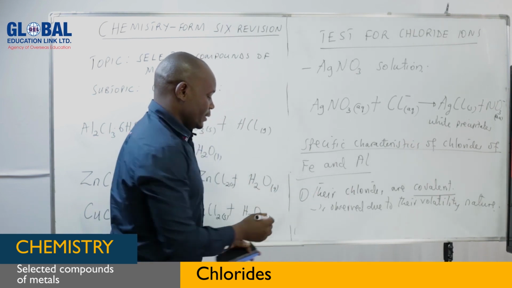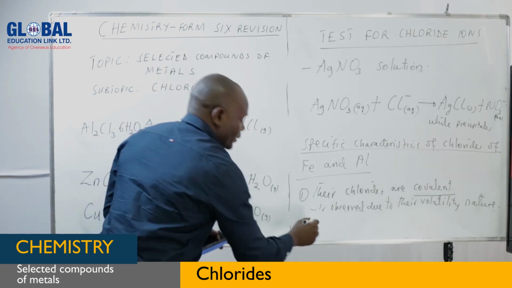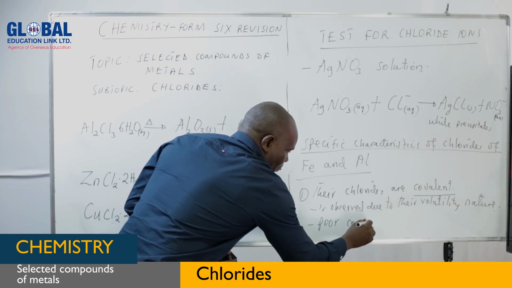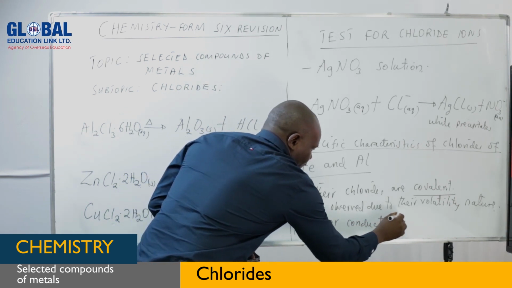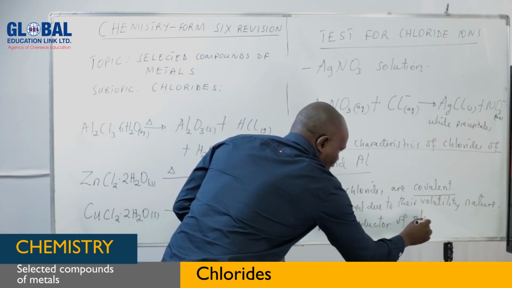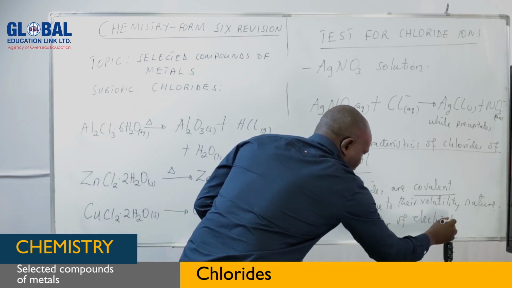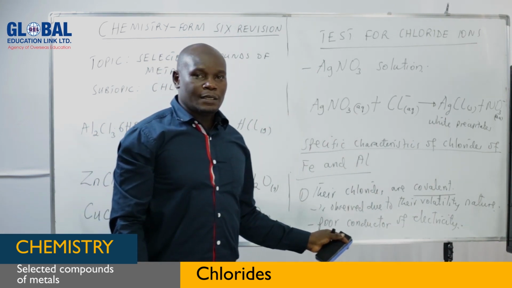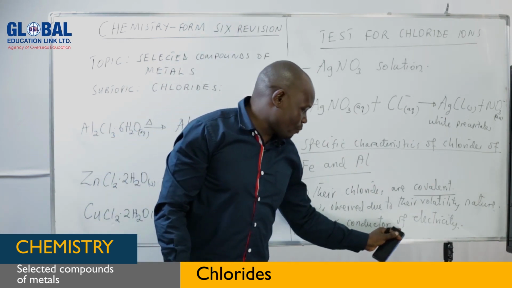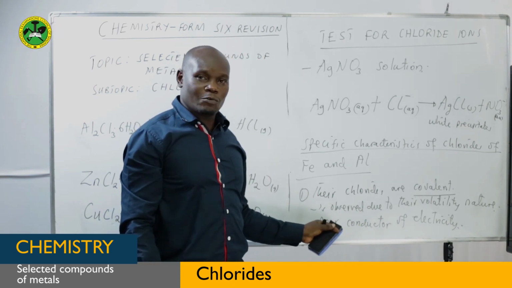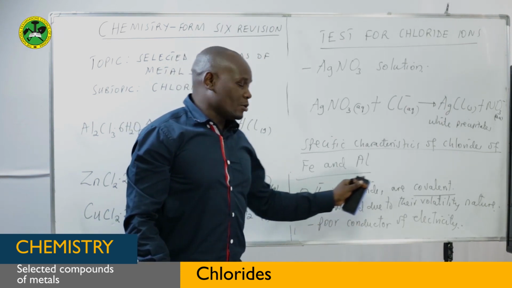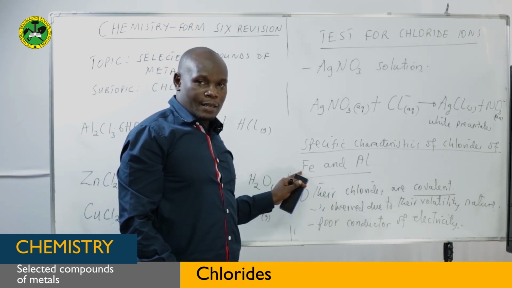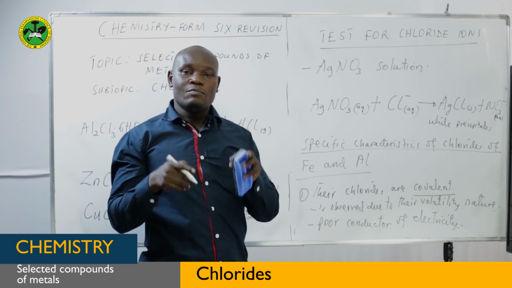And apart from that, in their aqueous state, they are poor conductors of electricity. What makes them poor conductors of electricity in the aqueous state is that the chlorides of aluminium and iron exist as molecules.